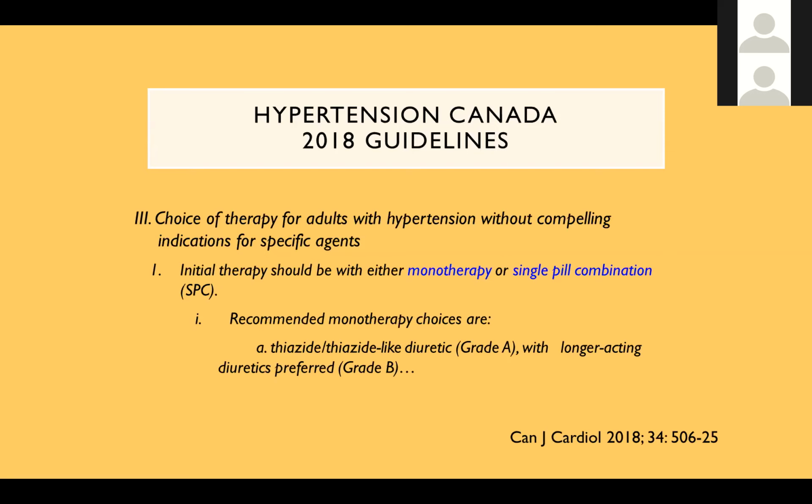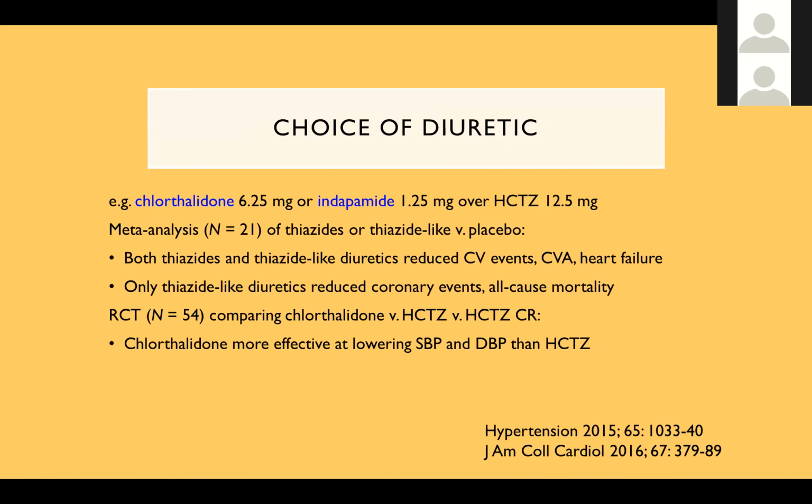I really just highlighted the thiazide-like diuretic aspect of things, because I think, perhaps this is just local and a bit of personal bias, we still see hydrochlorothiazide much more than some of the longer-acting diuretics, and there have been several studies now that have looked at the effectiveness of the longer-acting diuretics, both compared to placebo as well as compared to hydrochlorothiazide.